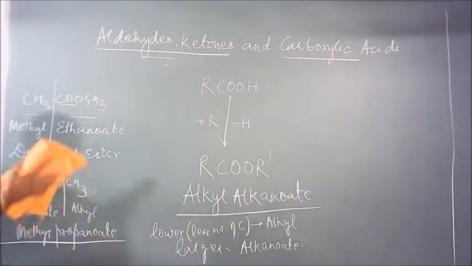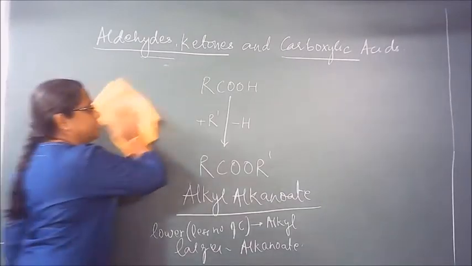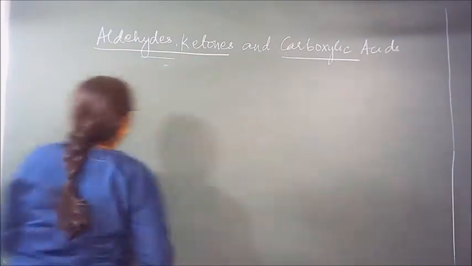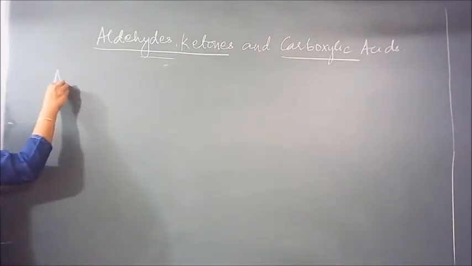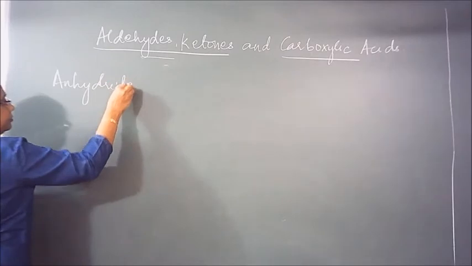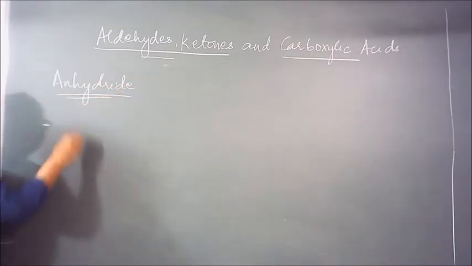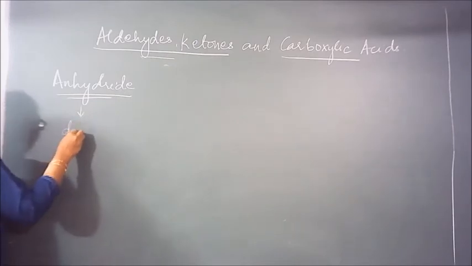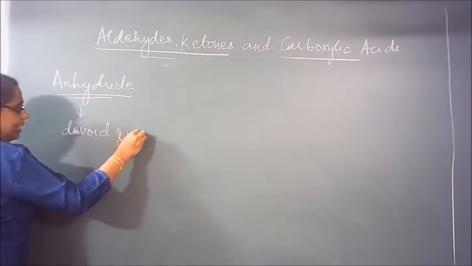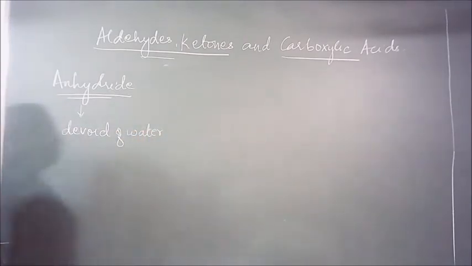Now we will talk about the fourth acid derivative, which are called anhydrides. The fourth acid derivative is called what? Anhydride. When I say anything is anhydrous, it means it is devoid of water.